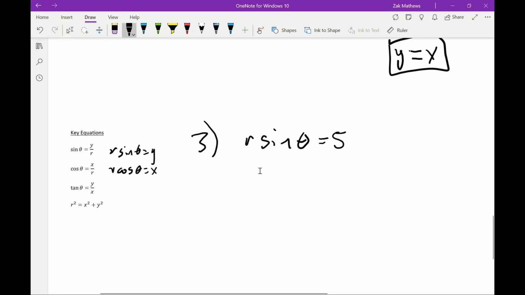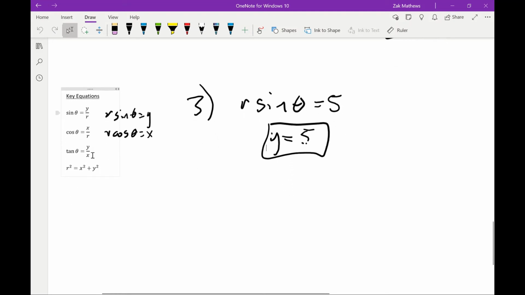So clearly here I right away have y. There's no work that really needs to be done. y is equal to 5 is my answer, just through that direct substitution. So this one, we have the r and the theta, so we're probably going to refer to one of the ones that had the r and the theta, the top two, and because it has a sine in it, I'm obviously going to choose one with sine. That one was pretty straightforward.